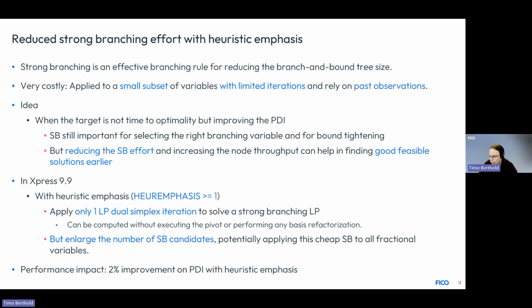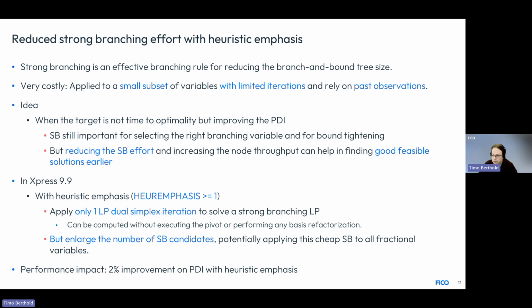One way that you can do so is by setting the iteration limit low, very low, as low as possible, namely to one iteration. So you're effectively performing a single dual pivot there just to evaluate the branching candidate. And the benefit of single dual pivots is that you can compute them without executing any pivots at all and without any refactorization.